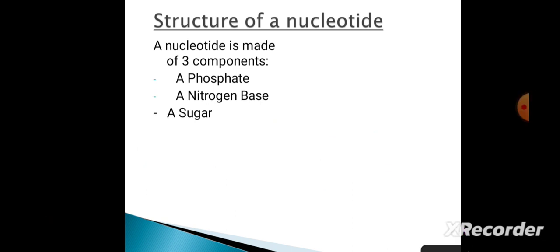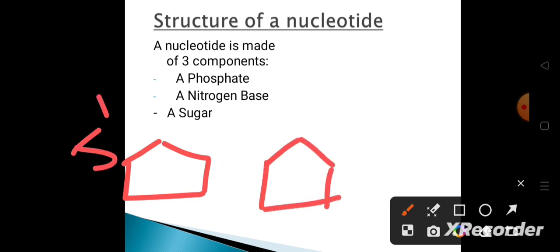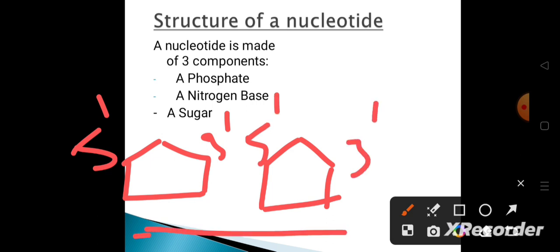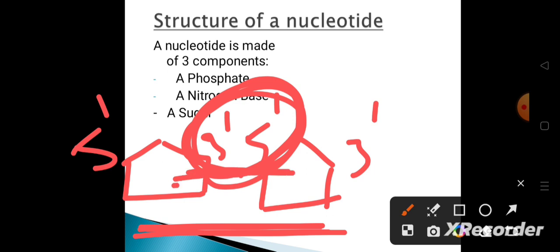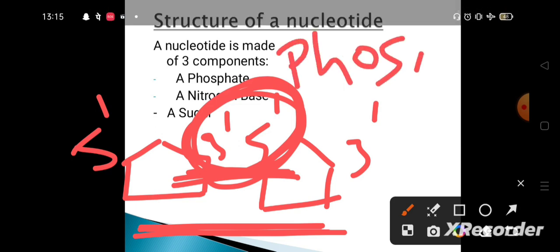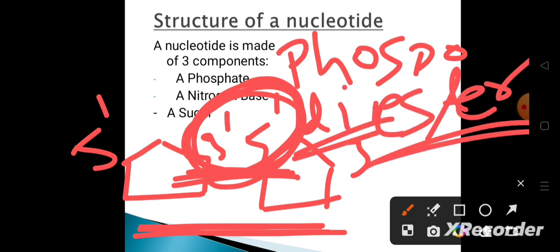So if I am taking two nucleotides here, for this one this is the 5', this is the 3'. For this one, this is the 5', this is the 3'. Now if these two nucleotides have to attach together by the help of a linkage, then obviously they will bond between this 3' and 5' end. Yes or no? As I said earlier, the phosphate group is attached by help of phosphoester group. Now two esters are being attached, so here it is called phosphodiester. Di stands for two, diester linkage. Clear?